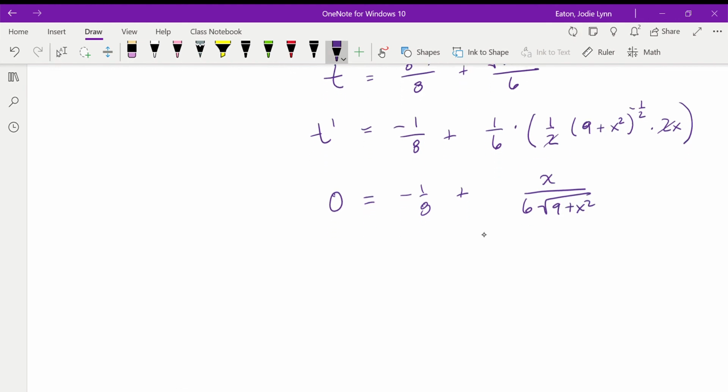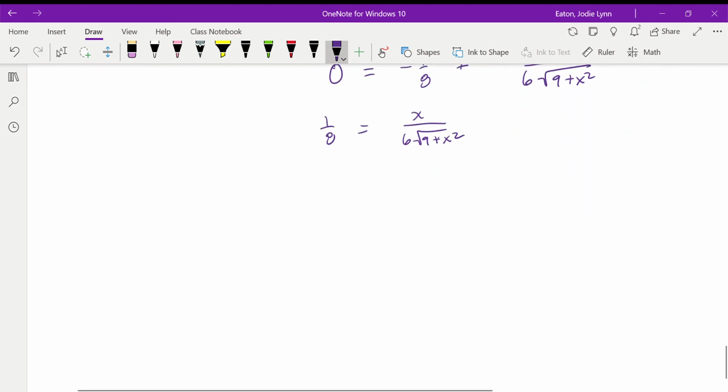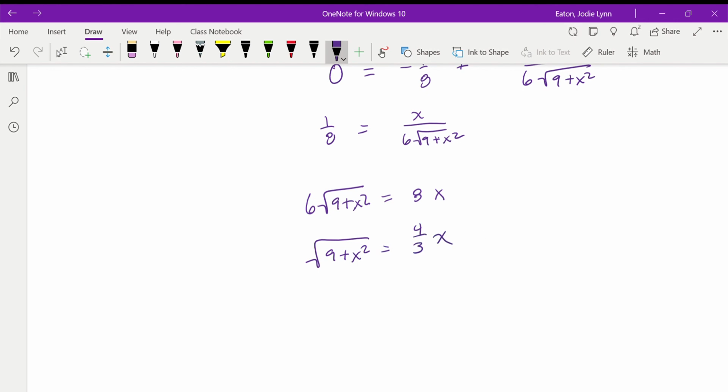So simplifying, we get 1 over 8 equals x over 6 radical 9 plus x squared. Multiplying by 8 and multiplying by 6 times radical 9 plus x squared by both denominators, we get 6 radical 9 plus x squared equals 8x. So radical 9 plus x squared equals 4/3 times x.